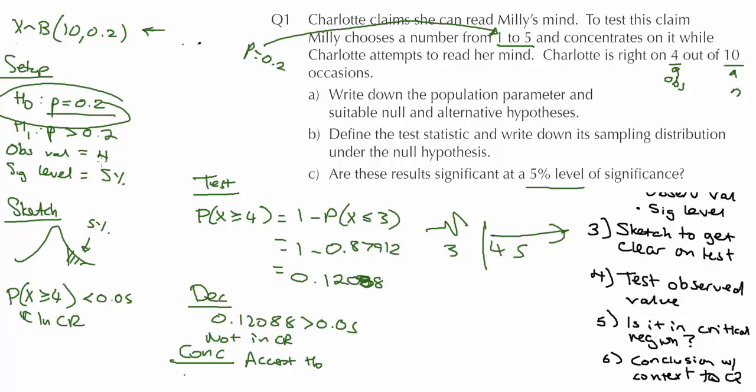So what we just found is no, the probability is 0.2. In terms of the context, this is about Charlotte's mind reading: no evidence to suggest Charlotte can read Millie's mind. Context of the question.